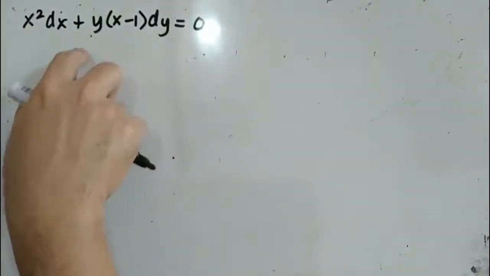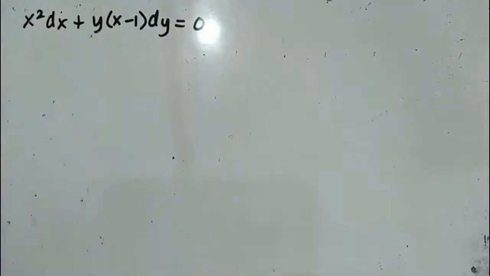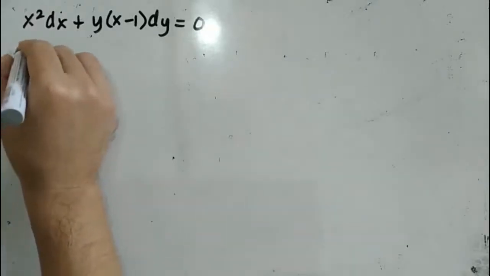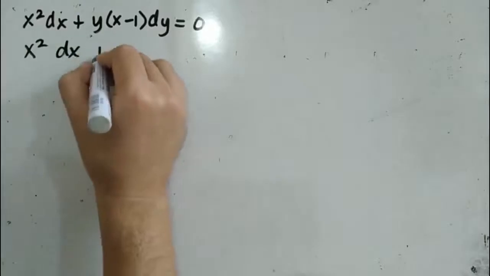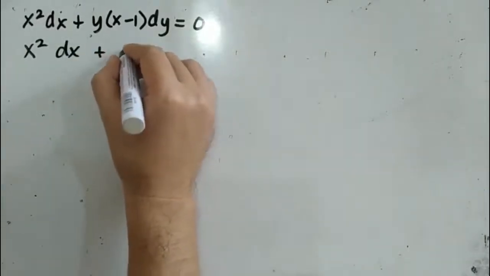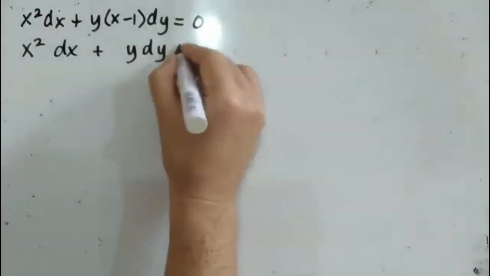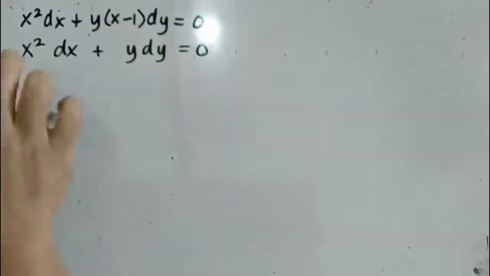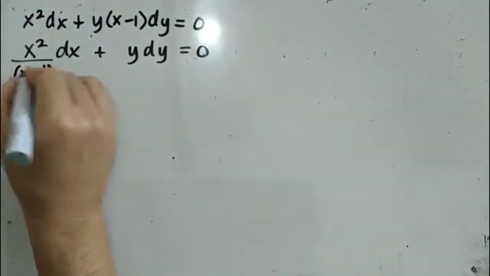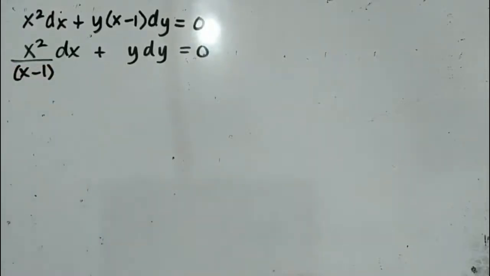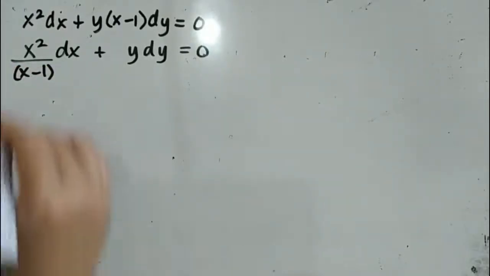So we can separate now the variables. x squared dx over x minus 1, plus y dy equals 0, where x minus 1 falls under x squared, as the denominator of x squared. Okay. And then we integrate.